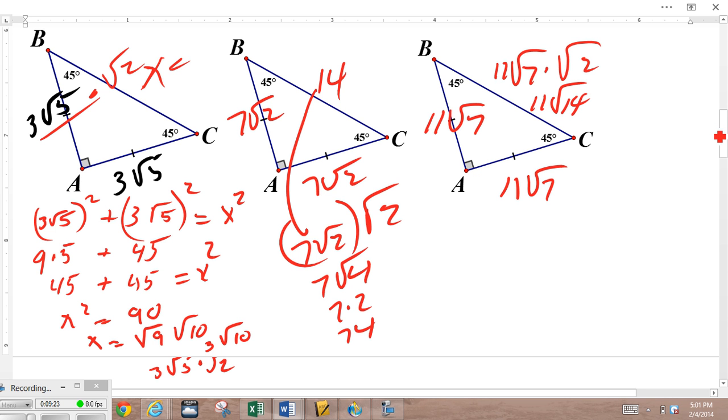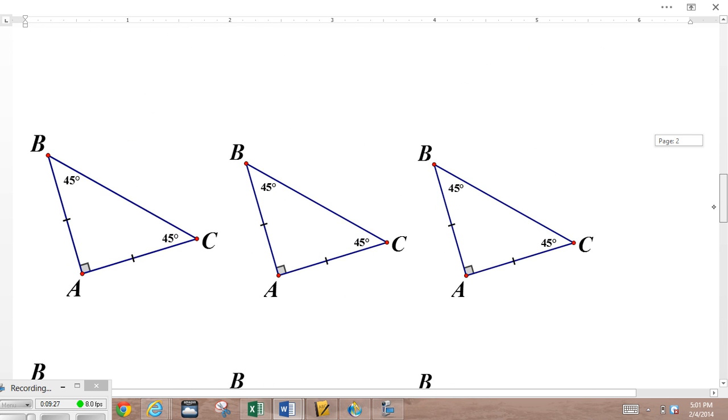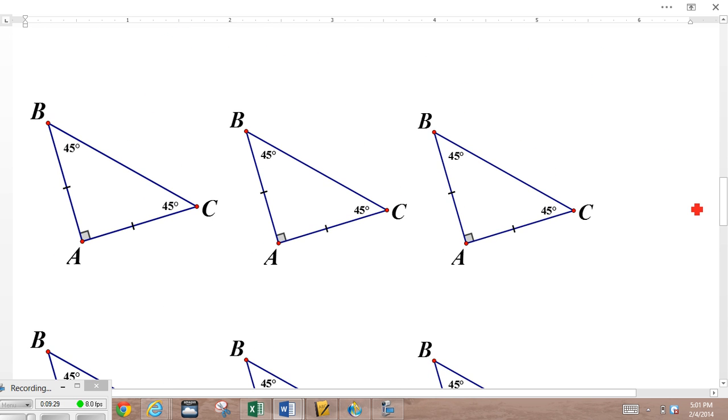So all we're saying here with any of these 45, 45, 90s, whatever the length of the equal sides are, just call it x and x, then the hypotenuse is whatever that length is times the root of 2. I can't seem to write here very well.